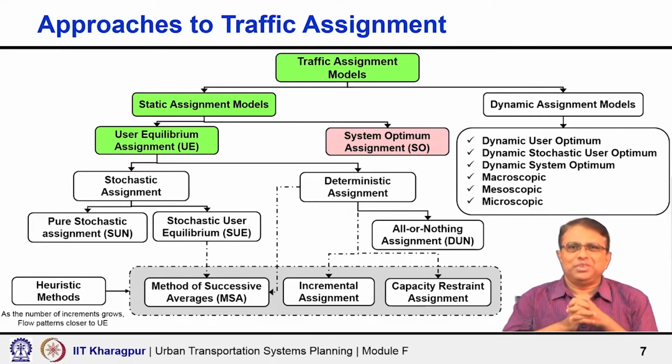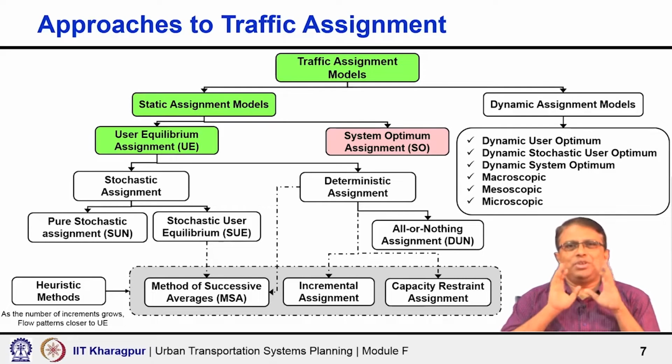What is that? Till now we said that people act selfishly. Every individual, when I want to travel, I am thinking about how I can choose a route so I get a good deal. That means I get the least travel time when I travel.